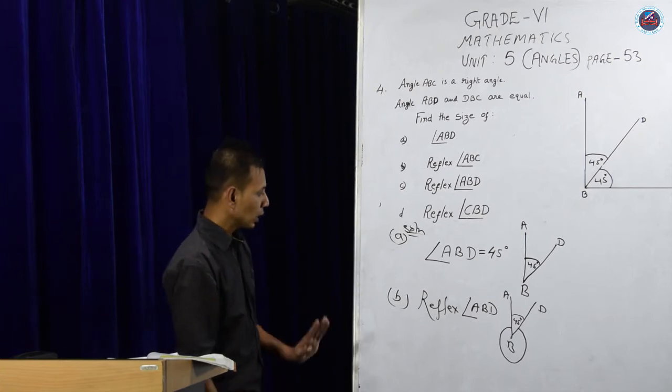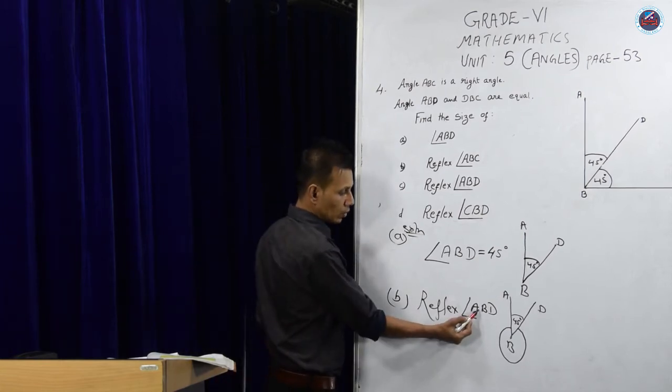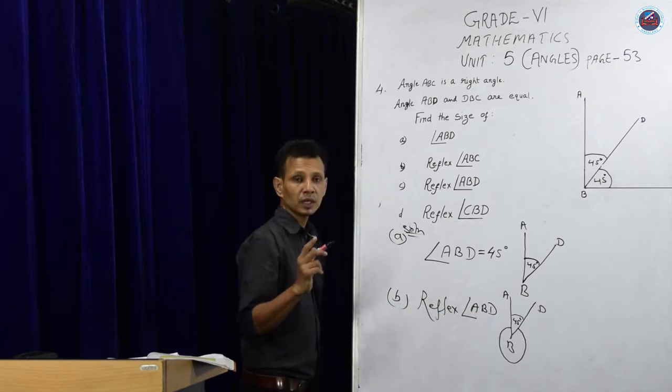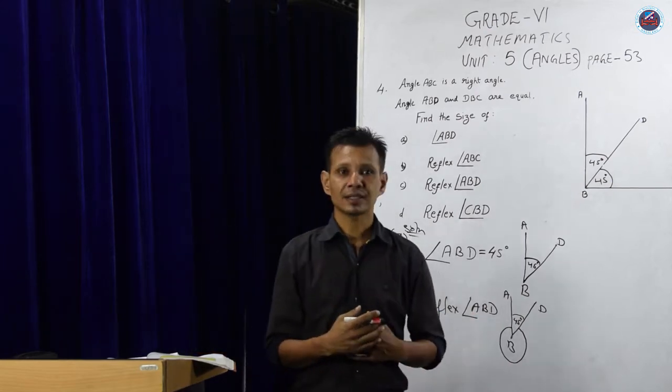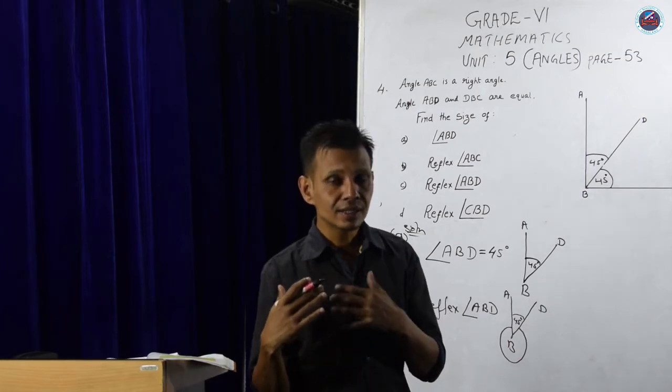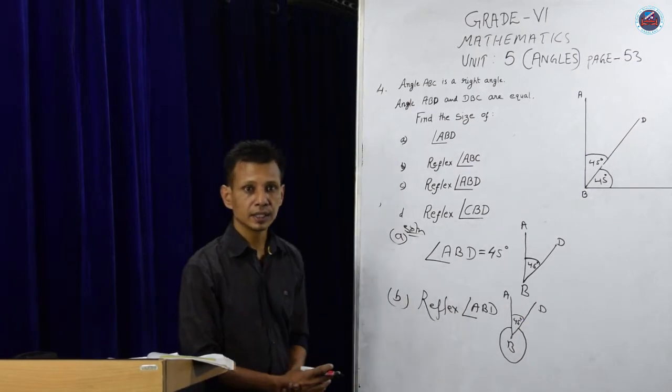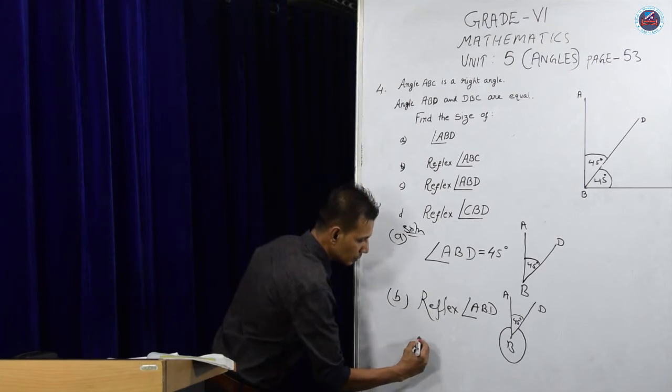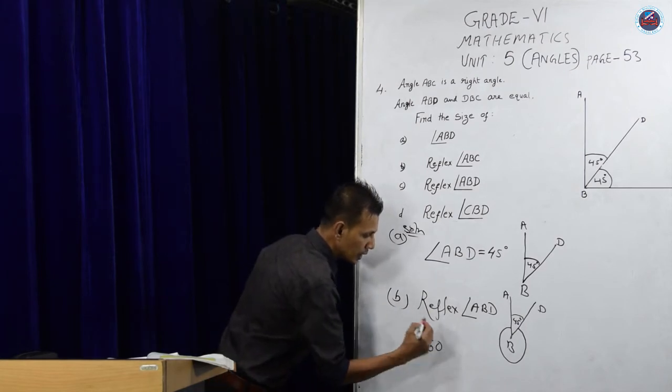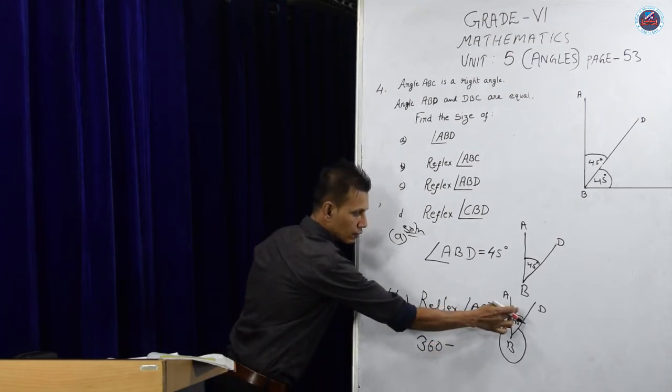Is that okay? So how to find reflex angle? You first find the measure or size of ABD. ABD is 45 degrees. That you need to subtract from 360 degrees. You got the reflex angle. Is that okay? So 360 degrees minus this 45.